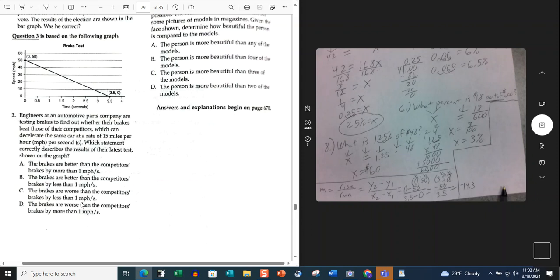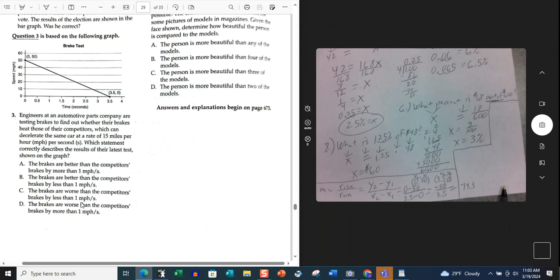Now, if you think about it, they tell us that the car can decelerate at a rate of 15 miles per hour. So if you're trying to stop your car, you want it to stop at the faster rate because you don't want to keep sliding or keep going because you may hit something.